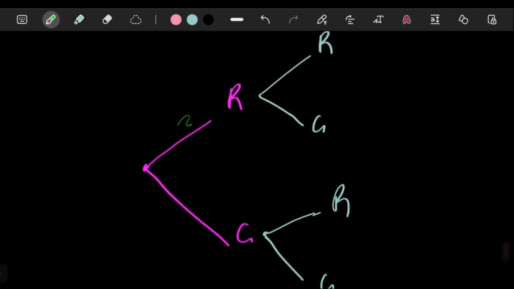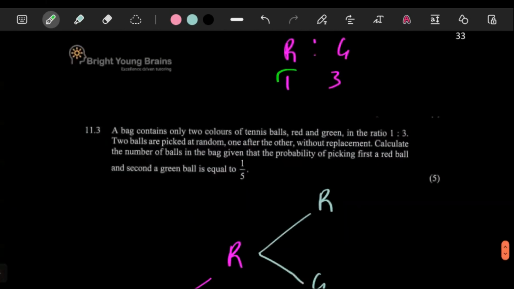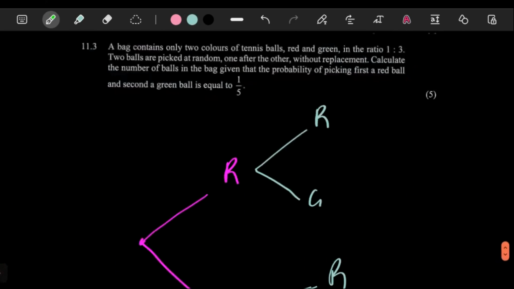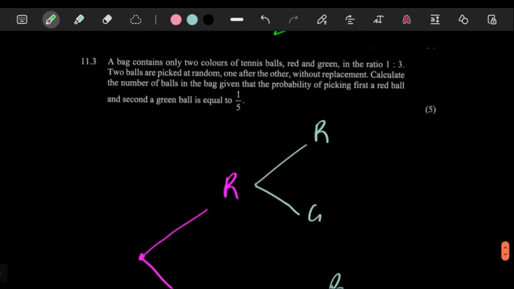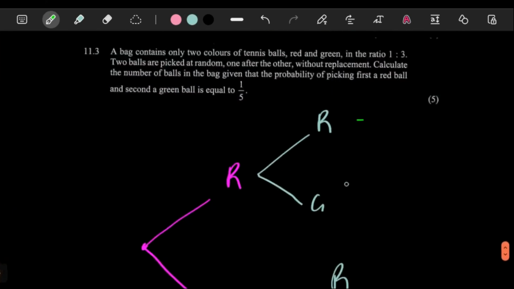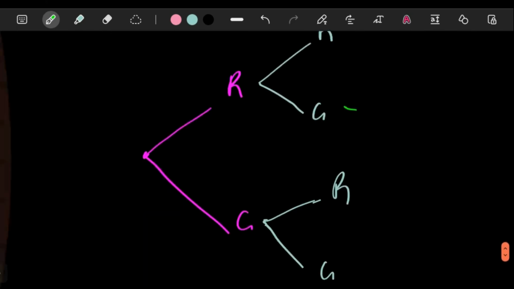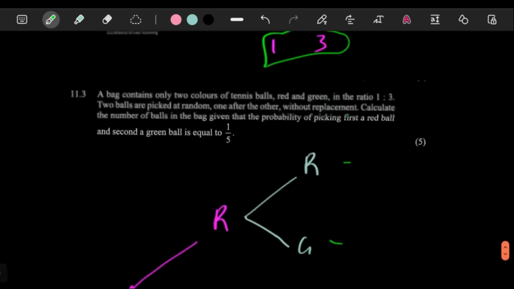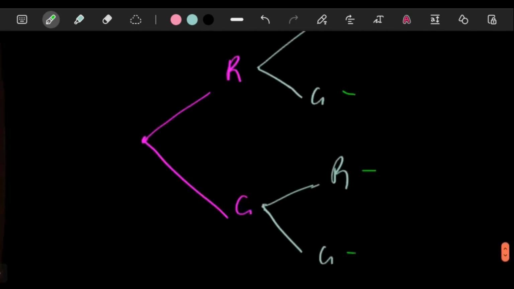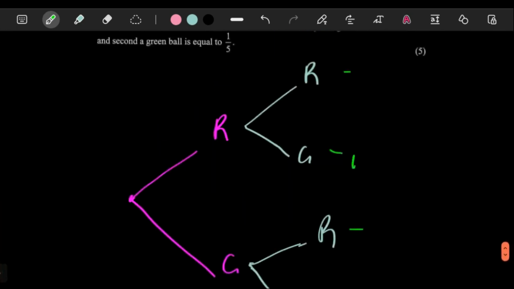Remember, if you're dealing with a ratio of 1 to 3, what we do know is we don't have the specific numbers. So if they say the probability that the first one is red and the second one is green, that scenario is here.